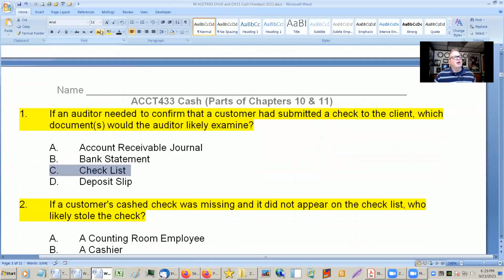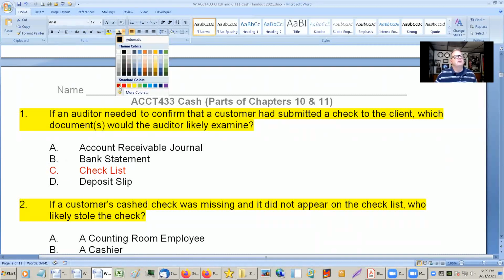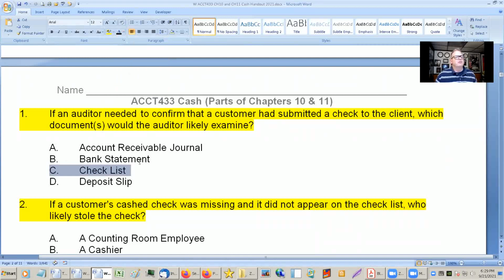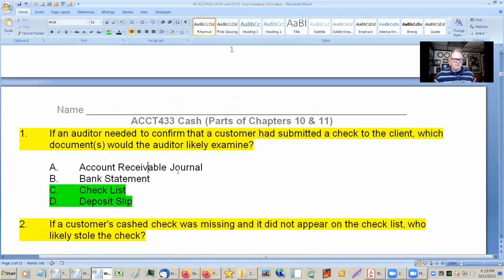So the checklist and the deposits would probably be the two that you want to look at. Not to exclude the accounts receivable journal.